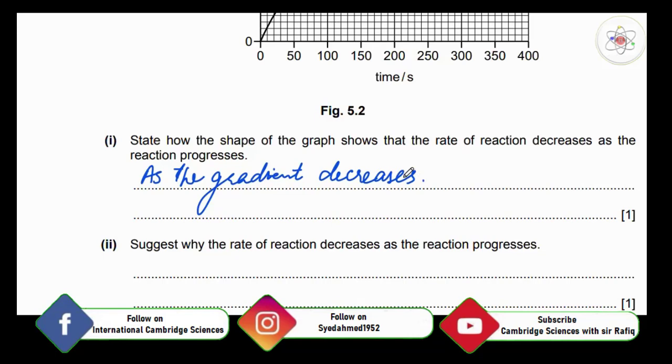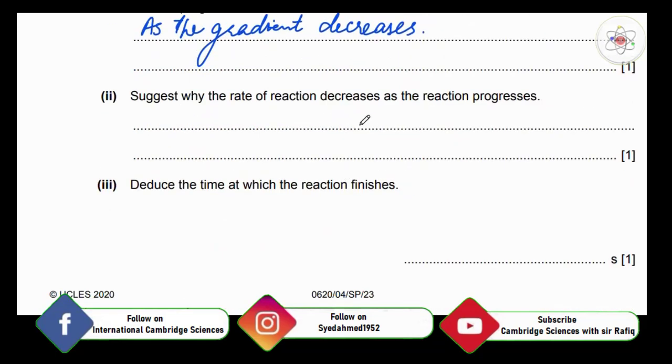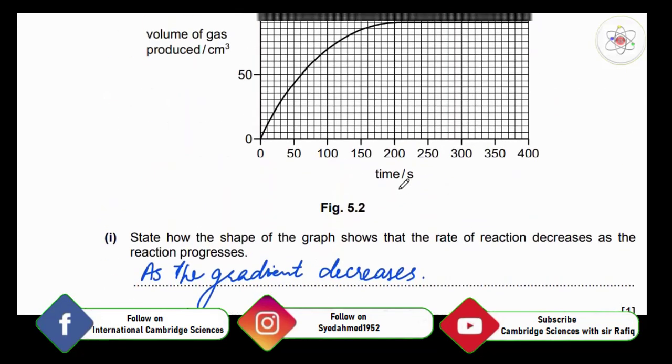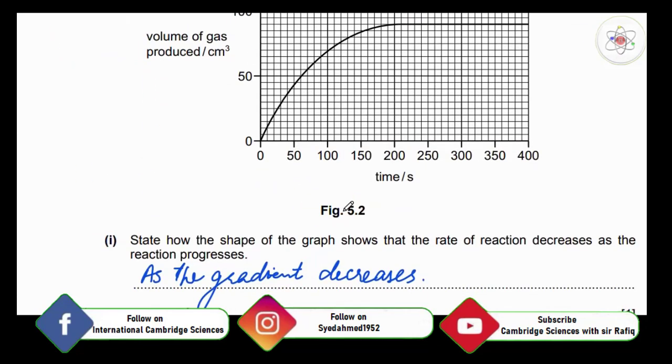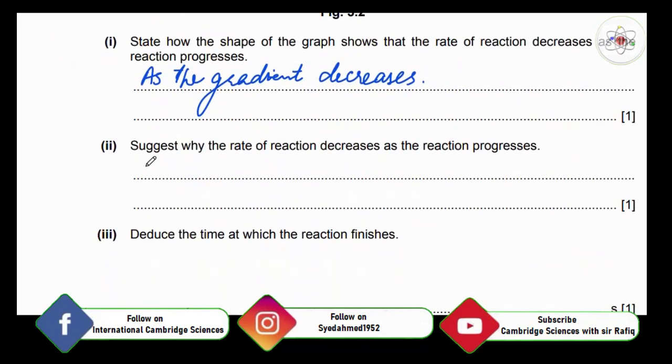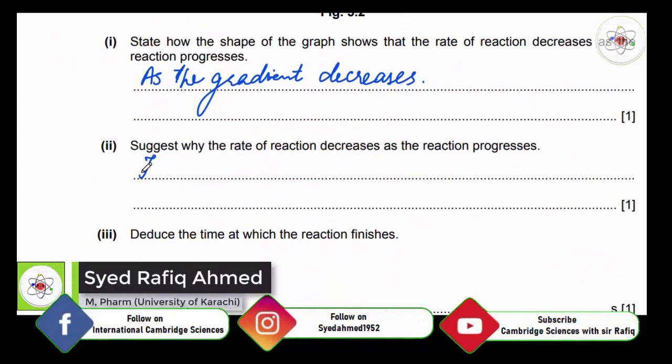Suggest why the rate of reaction decreases as the reaction progresses. So it's very clear because acid is being used up, so the concentration of acid is decreasing.